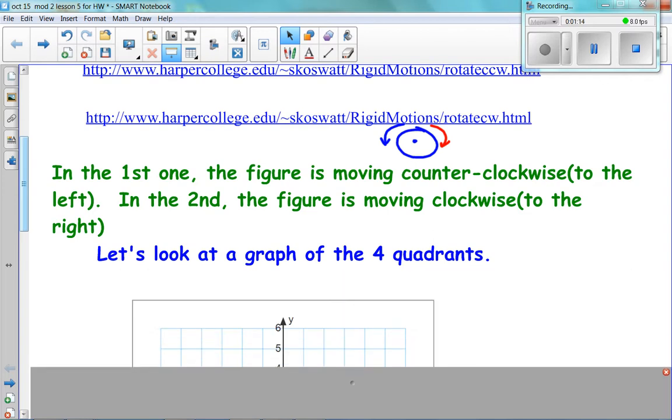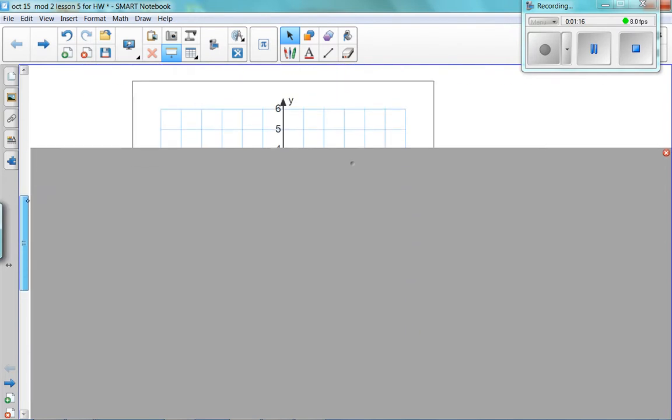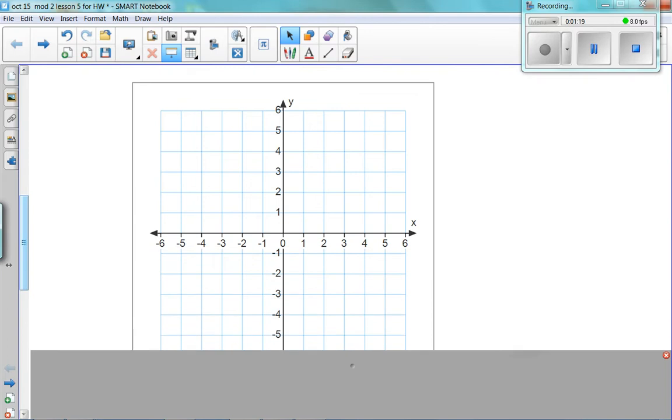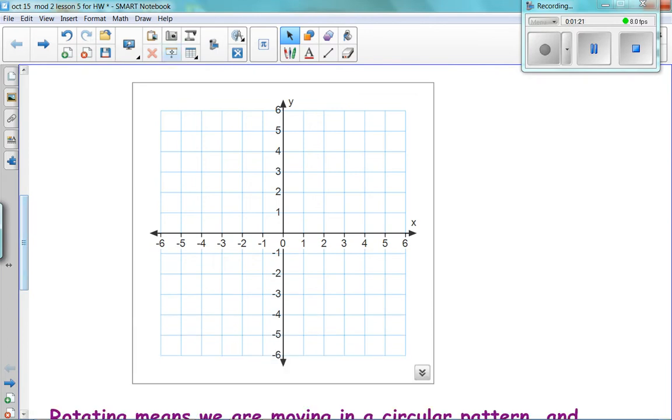Let's go look at a graph now with the 4 quadrants and review the angle measures in the 4 quadrants. You know that a right angle is 90 degrees.